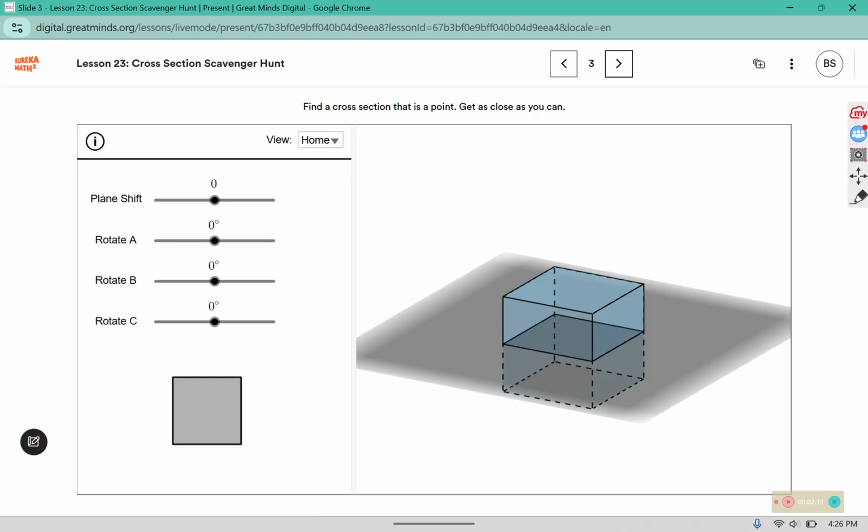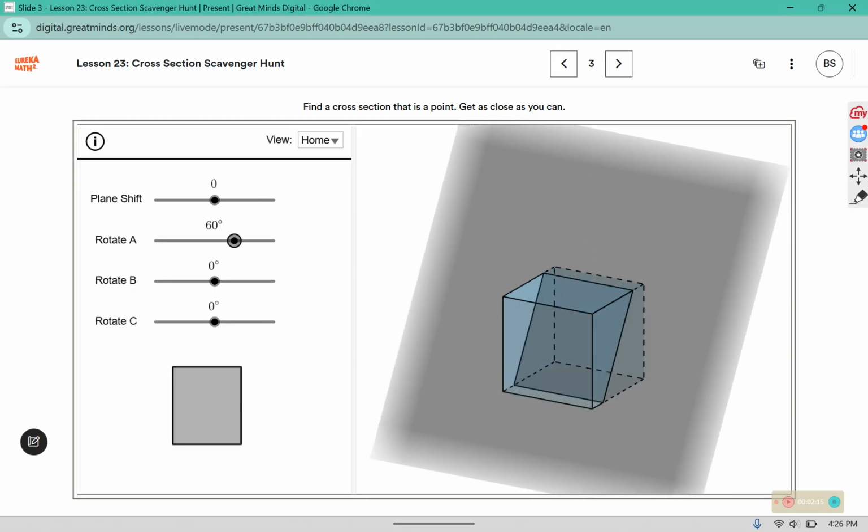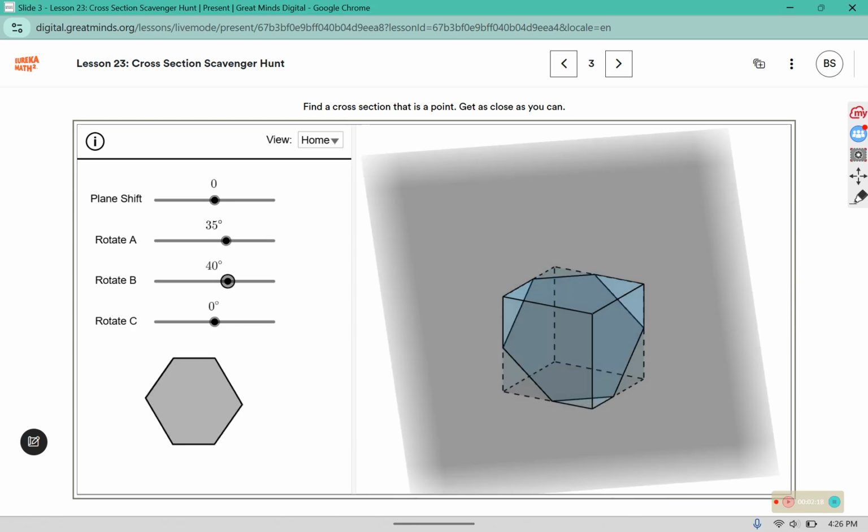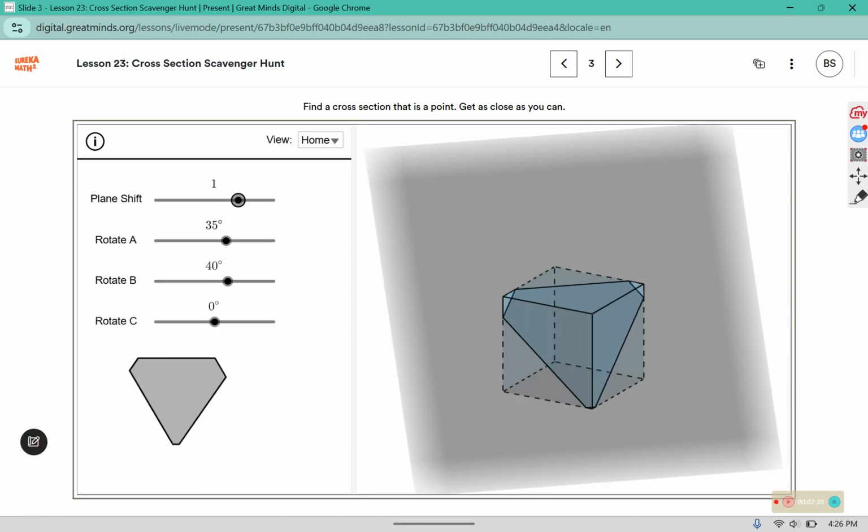Find a cross section that is a point. Get as close as you can. So I'm going to rotate and shift it.